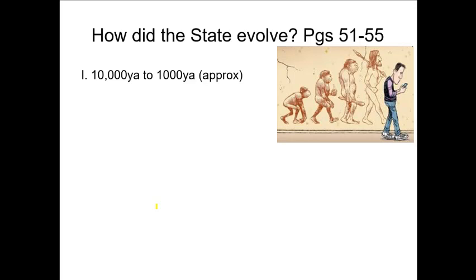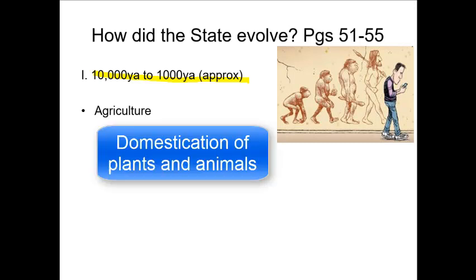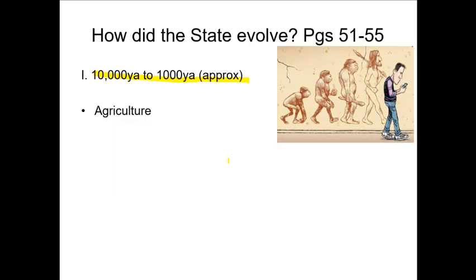Now let's talk a few minutes about how this modern state system evolved, because this system of states that we have in the world is a relatively recent phenomenon. So let's go all the way back to 10,000 years ago, when, most importantly, the concept of agriculture came about. The innovation that resulted in the domestication of plants and animals was probably one of the single most important events to human civilization.